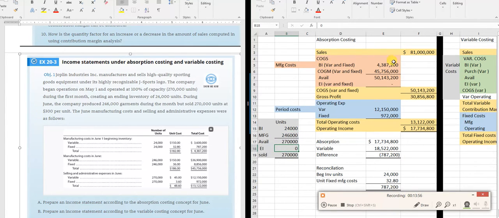Now you can see my numbers up here, but I'll type those in again. My beginning inventory is 24,000 right here, and for absorption costing I want both variable and fixed costs. So I'm going to multiply it by 182.80.